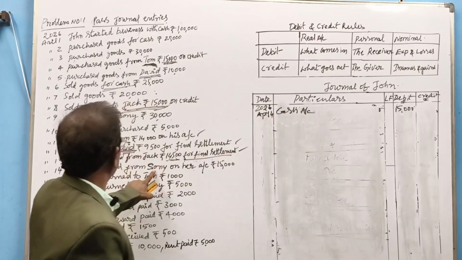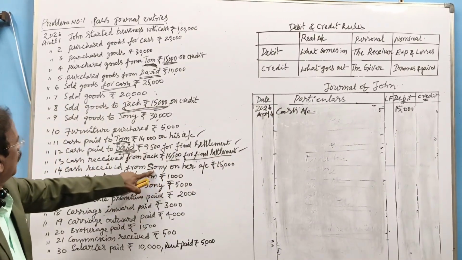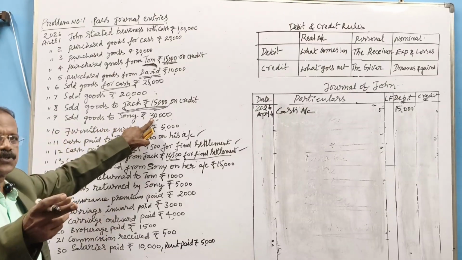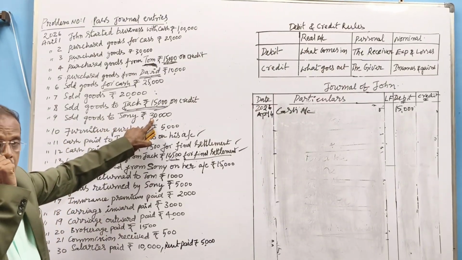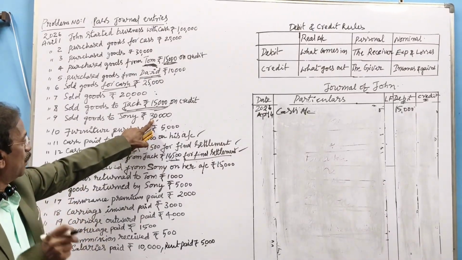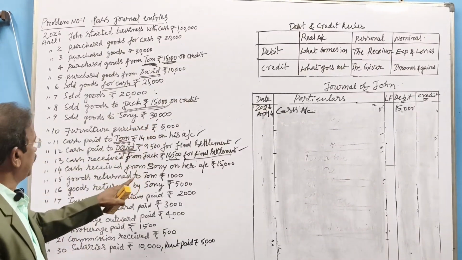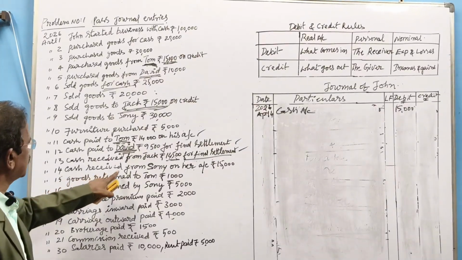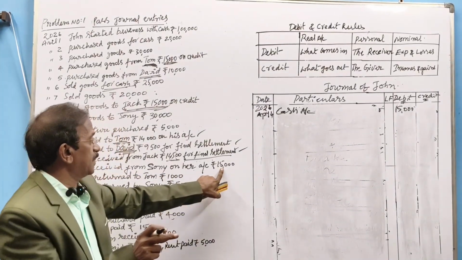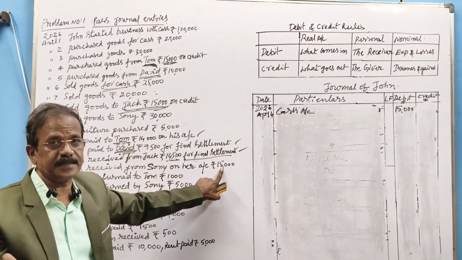Let's go back to Sony once again. Sony, 30,000. Sold goods to Sony, 30,000. Out of 30,000, now she is giving us only 15,000 cash received from Sony. Here we did not mention final settlement.